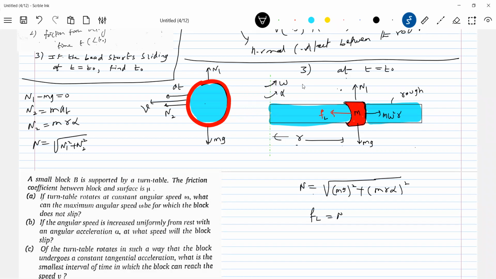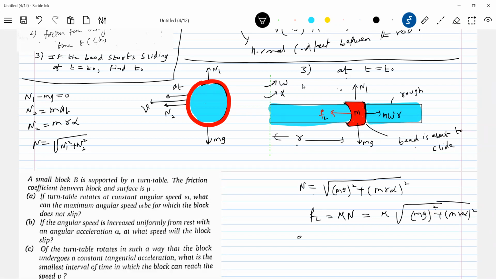FL should be equal to mu N. Why are you writing this? Because the rod is about to slide, no? Or say the bead is about to slide. This equation. So now you write it. Under root, mg whole square plus m r alpha whole square.